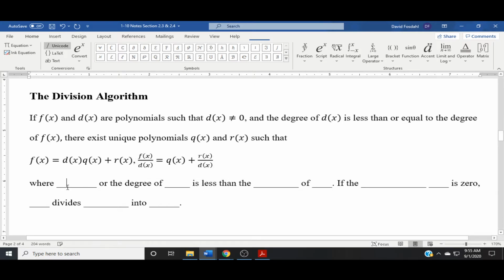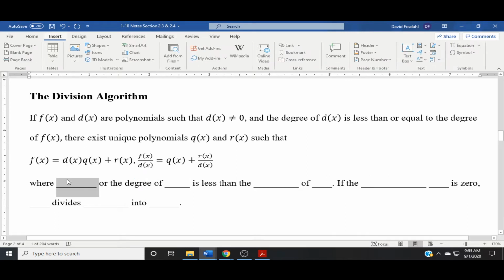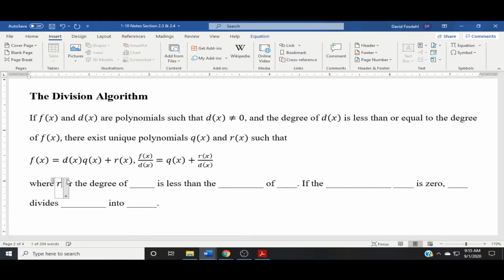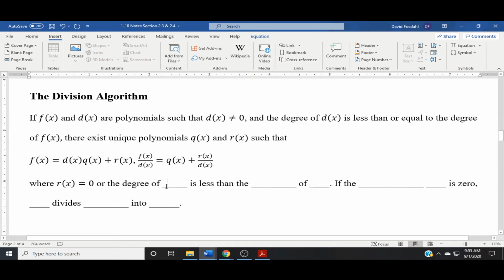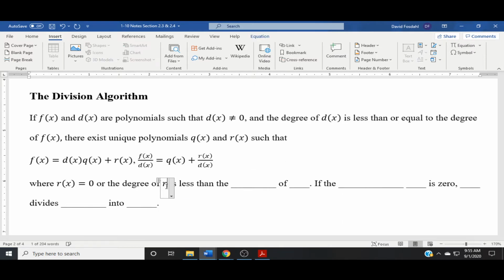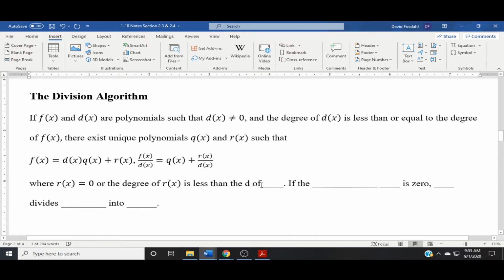Okay, where r of x equals 0, or the degree of r of x is less than the degree of d of x.